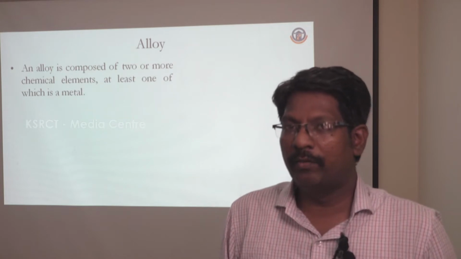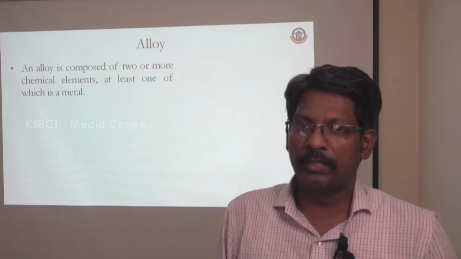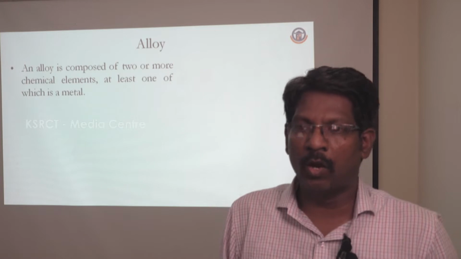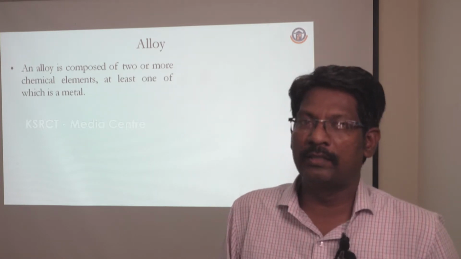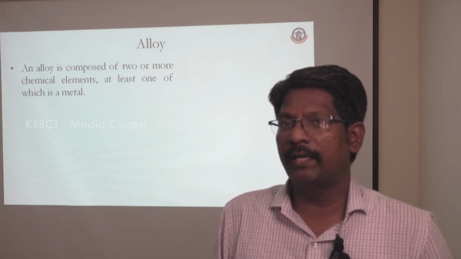So the combination of elements which react together to obtain a material is nothing but an alloy. In that, at least one of the elements needs to be a metal. Under these conditions we will get an alloy.